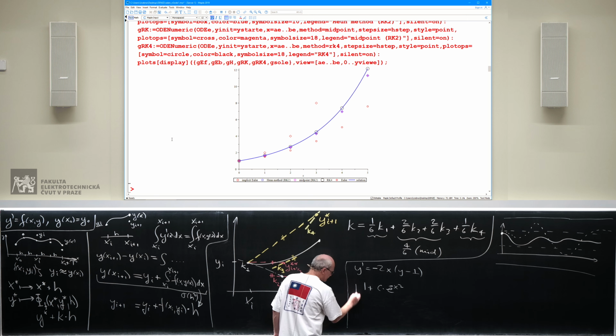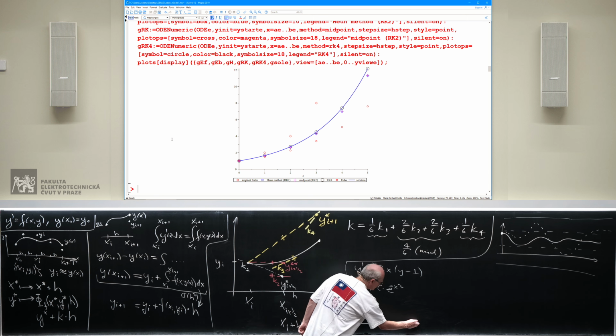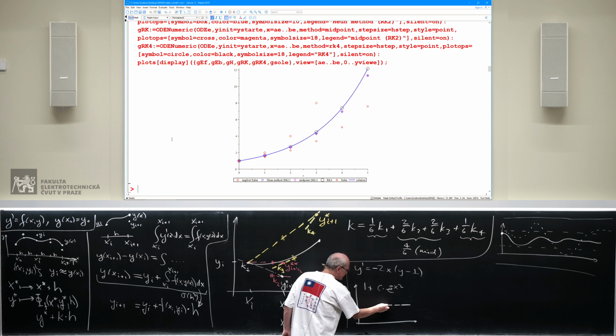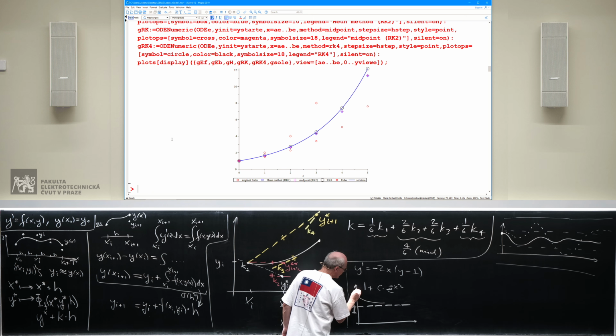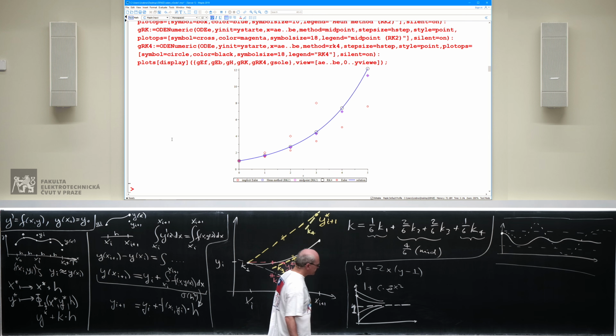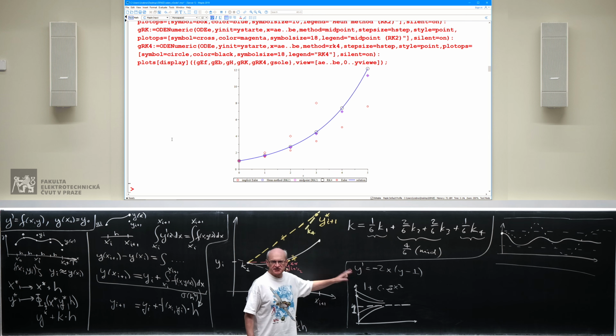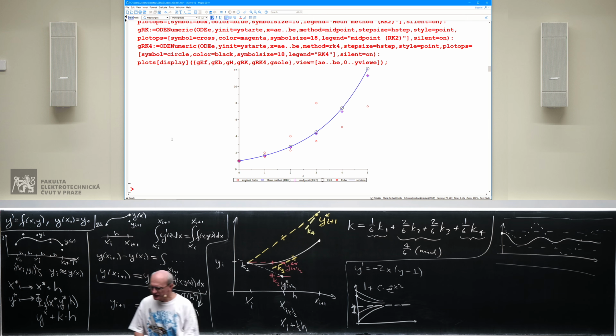In fact, they look like this. There is a horizontal asymptote, which is also a stationary solution, by the way, at level 1. And depending on c, you may be approaching this stationary solution like that, or perhaps like that.